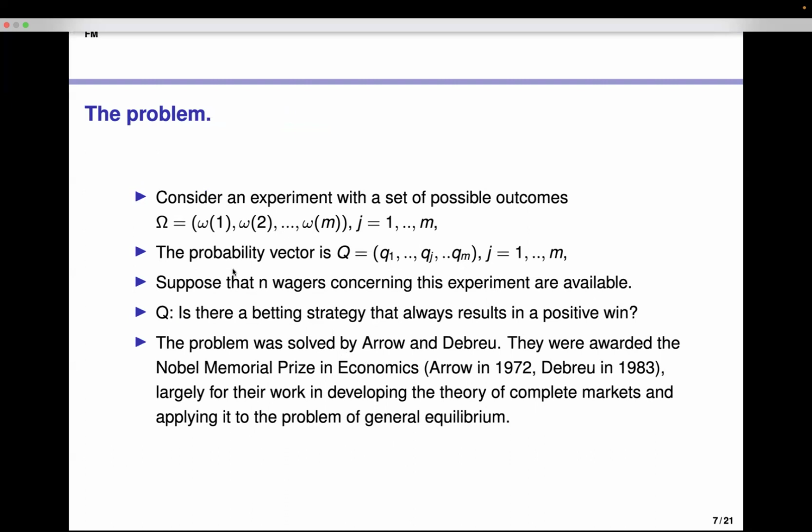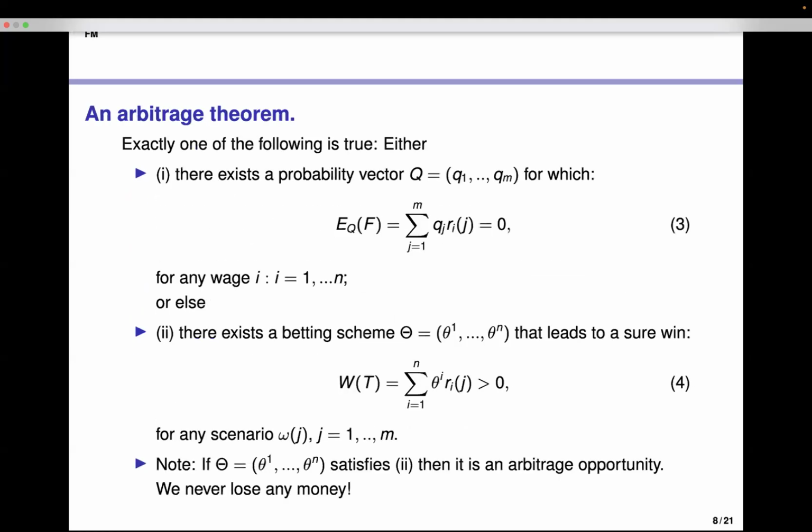Let's consider an experiment with a set of possible outcomes, and we have m outcomes, G equals 1, 2, 3, up to m. And the probability vector is q, so it is about scenarios. Maybe it is not the right file.